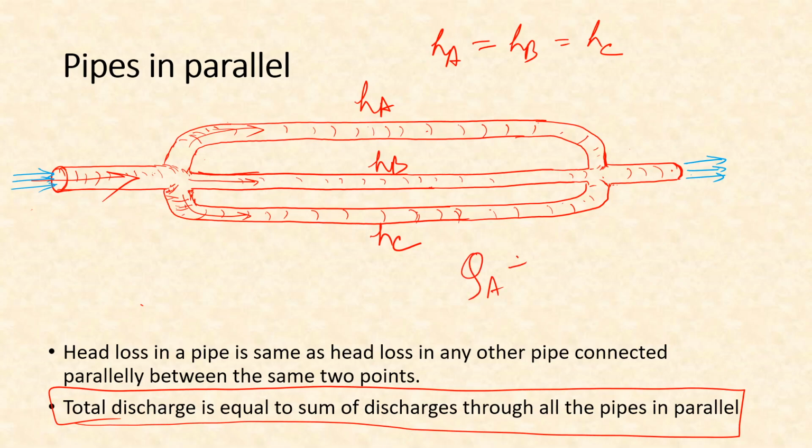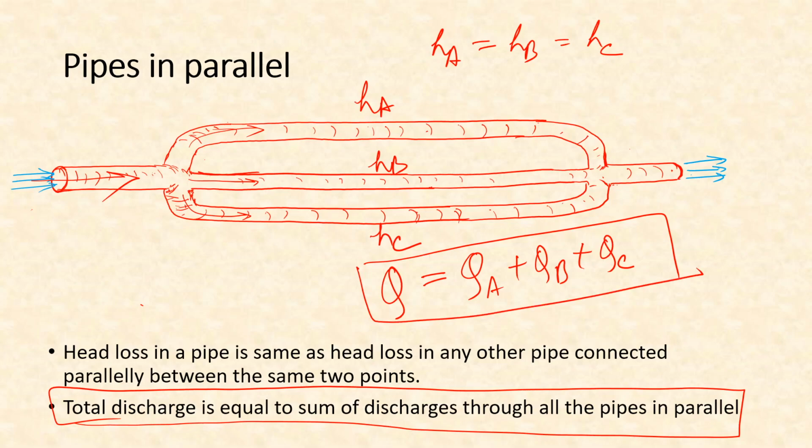Suppose QA plus QB plus QC should be equal to the original discharge Q. Now again we have two equations, or we can rather say 3 equations, and by solving them we can find out what is the discharge or what is the head loss and all those things can be found out.